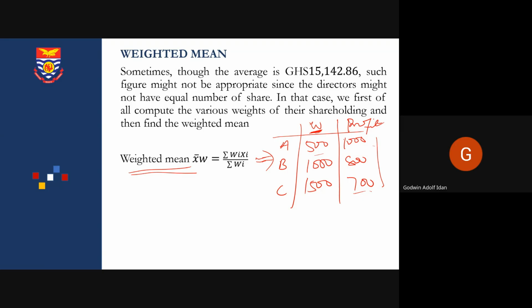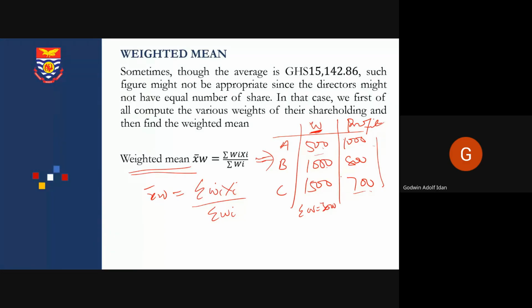If you are going by that approach, then our weighted mean, represented by X bar of W, is the summation of the weight of each individual times its amount, divided by the summation of all the weights. To solve this question, the summation of the weights is 500 plus 1,000 plus 1,500, which is 3,000.